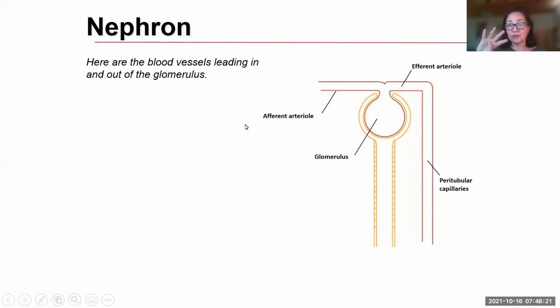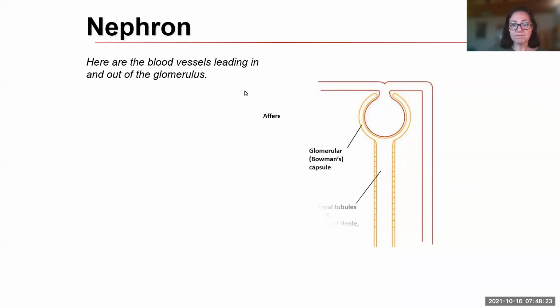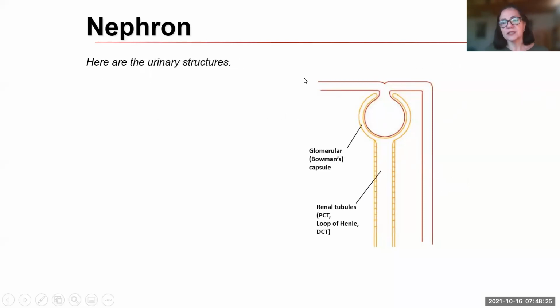So let's take a look at those four processes again. Sorry, let's look at the structures first. There's this glomerular capsule. You'll sometimes hear it referred to by the name of the person credited for describing it, Bowman's capsule. It means the same thing. It's just this kidney structure that surrounds the ball of capillaries and catches the stuff that we're filtering out.